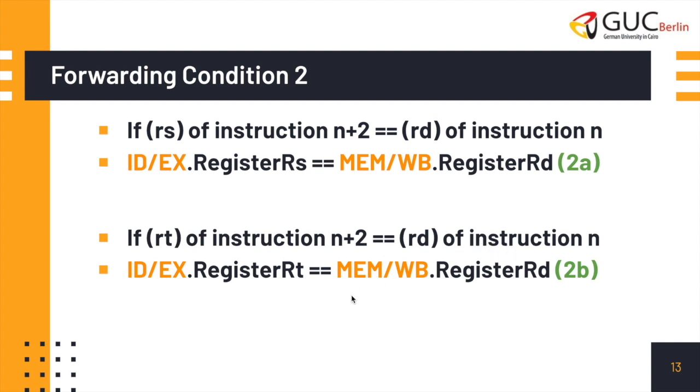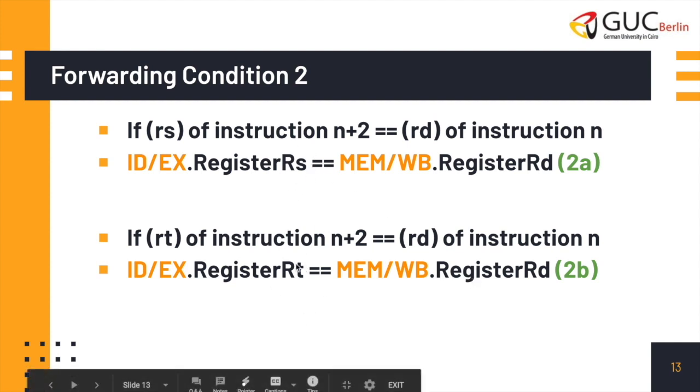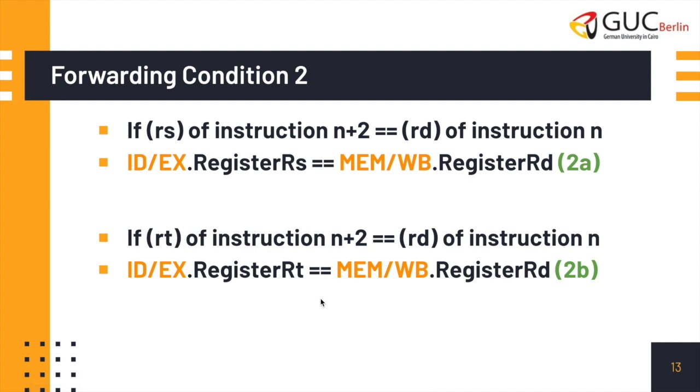So, in terms of pipeline registers, ID/EX.RegisterRt is equal to MEM/WB.RegisterRd. So we replaced RS with RT, because the operand can be either source 1, which is RS, or source 2, which is RT. We have two operands and I can have a dependency in either. RD may be equal to RS or may be equal to RT.